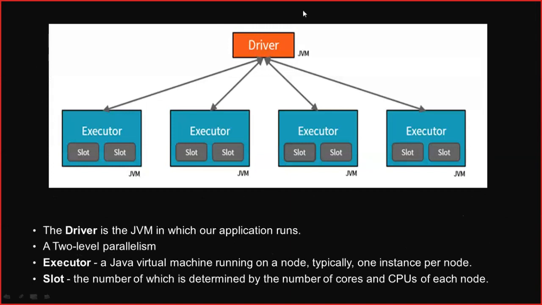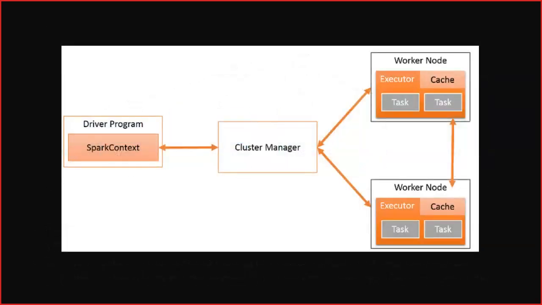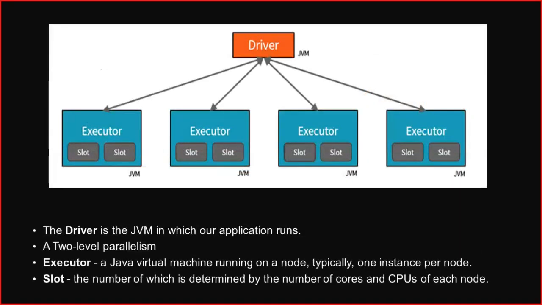So here, as you can see, we have a driver, which is a JVM machine on which our application runs. And because of the parallelism, we get a fast output. In Spark, we have two-level parallelism. First, the driver sends the data to the executors, and inside executors we even have slots.